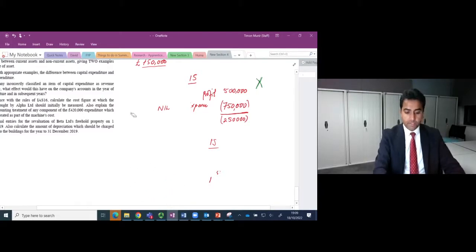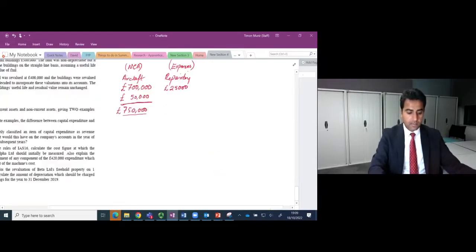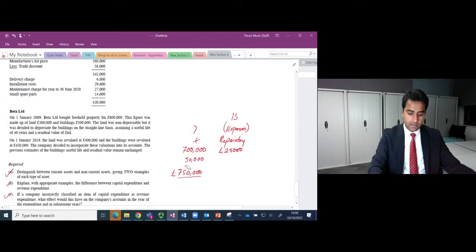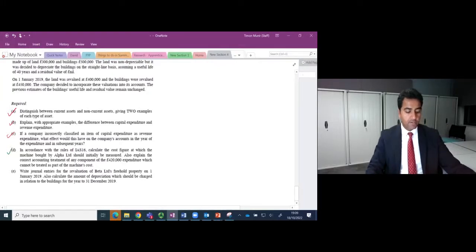Now, part D of the question. It says, in accordance with the rules of IAS 16, calculate the cost at which the machine bought by Alpha should initially be measured.